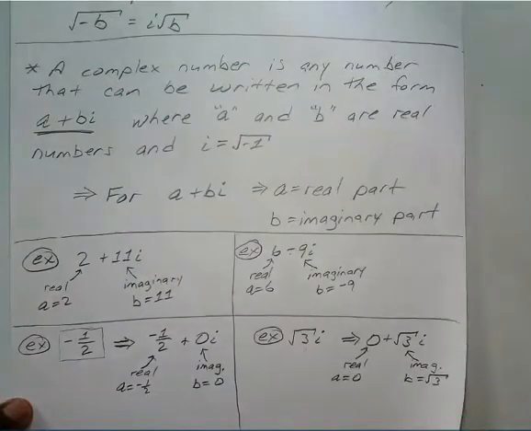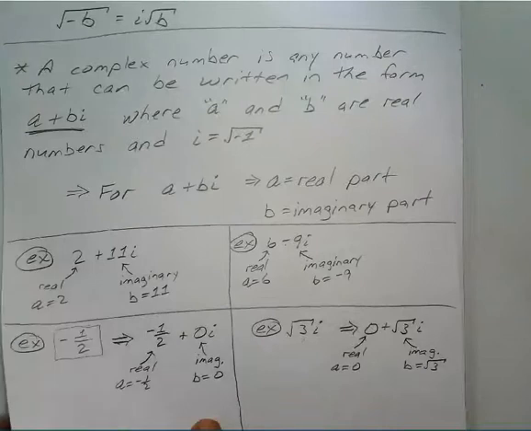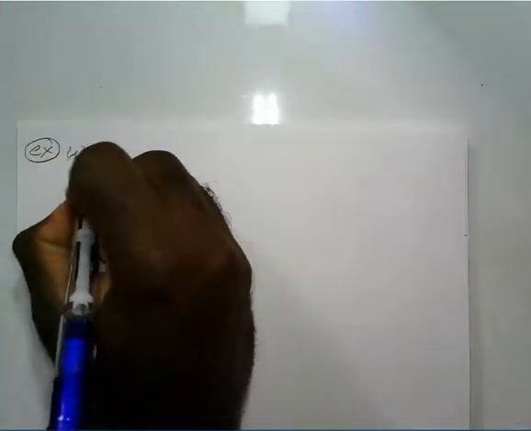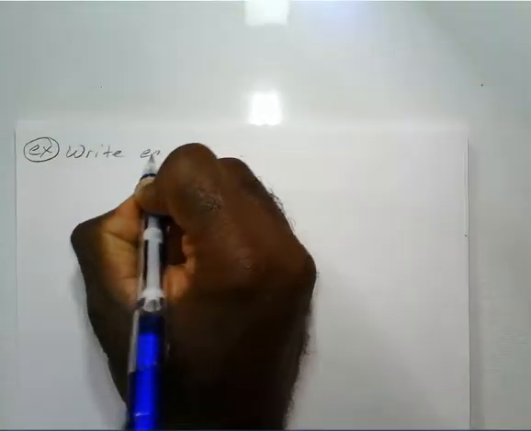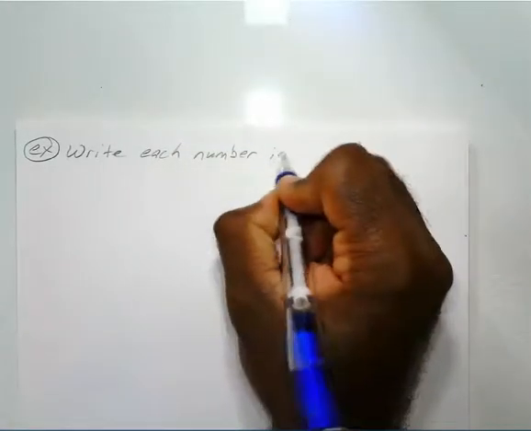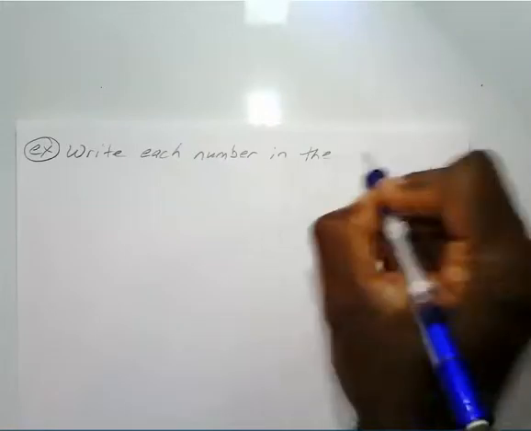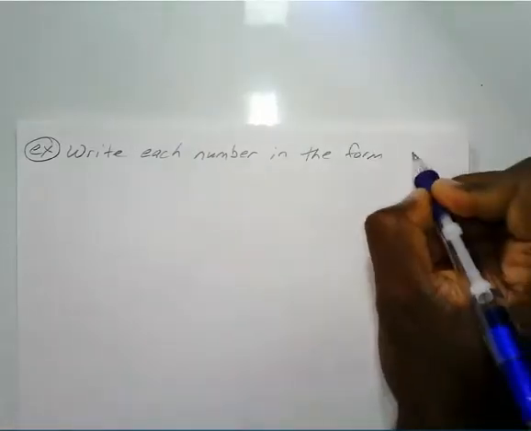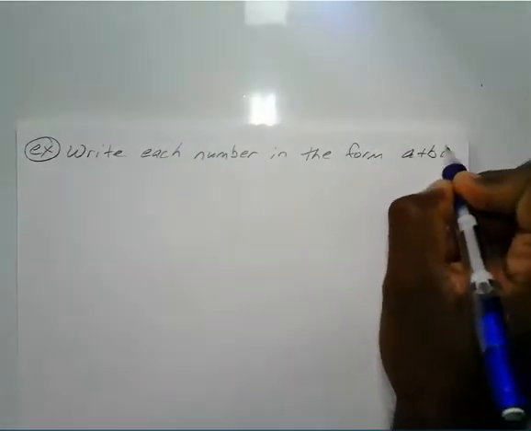Okay, so let's go to our next couple of examples. Here we go. Okay, so let's say, for example, you wanted to write each number in the form a plus bi.